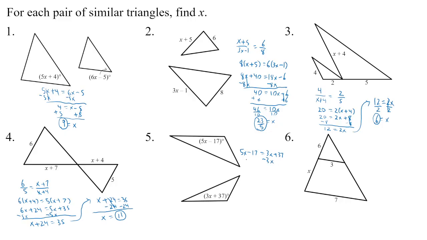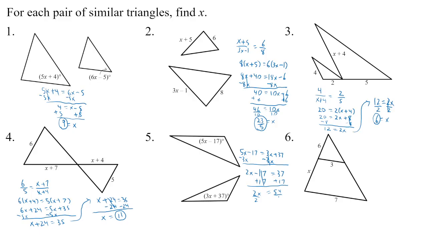We subtract 3x from both sides, and you have 2x minus 17 equal 37. We're going to add 17 to both sides. Therefore, 2x equal 54.